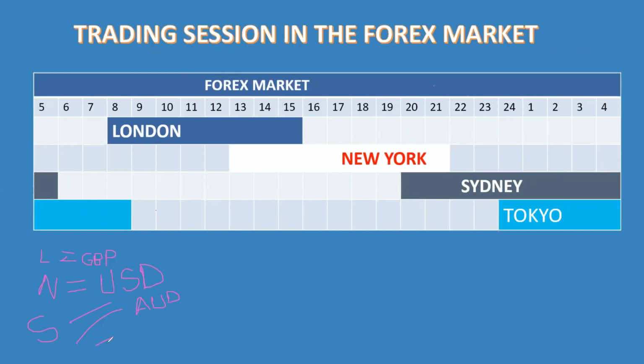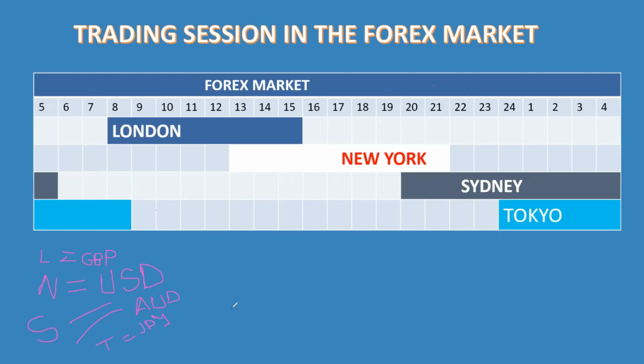So I just want to use this to demonstrate to you what I am talking about. The L stands for London section, and the N stands for New York section, and then the S stands for Sydney section, and then the T stands for Tokyo.